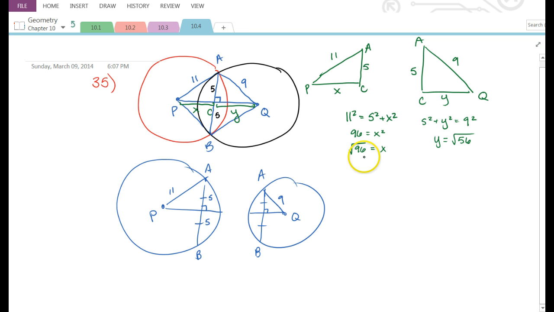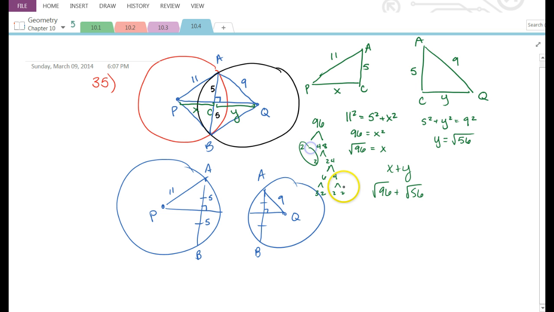Okay, let's see if these can be simplified because it's x plus y, right? Square root of 96 plus square root of 56. Let's look at factors of 96. We have 2 and 48, 2 and 24, 6 and 4, 2s, 3 and 2.